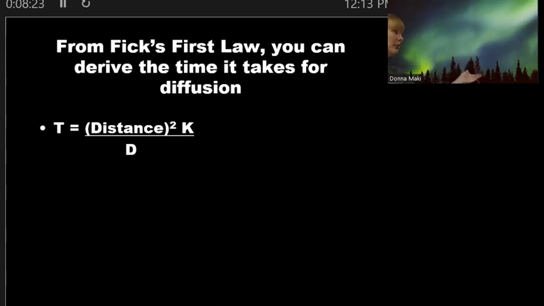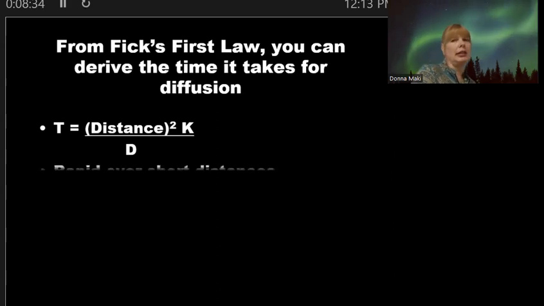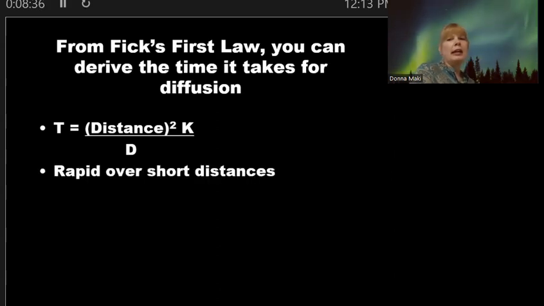It's just important that you understand that the time it takes, T, is equal to the square of the distance. Not just distance, but the square of the distance. K, again, is just a constant that you can plug into the equation, and D is your diffusion coefficient. Again, that's just a number that you can look up.